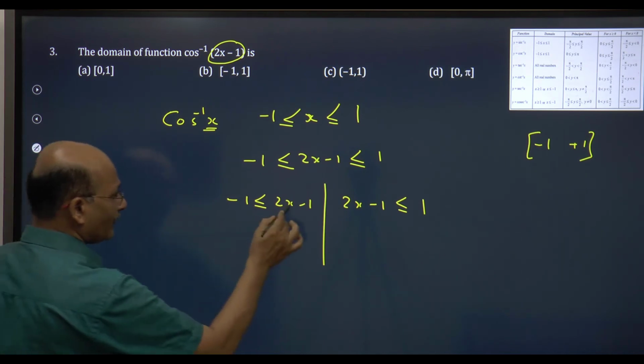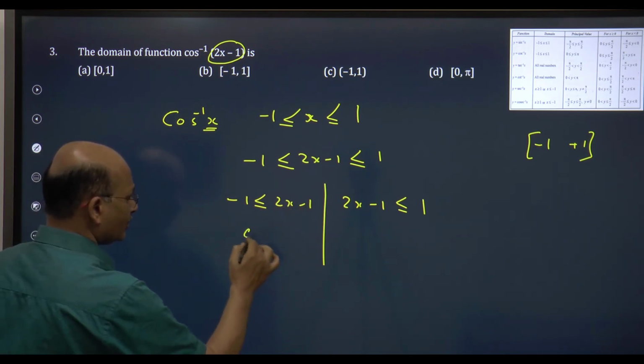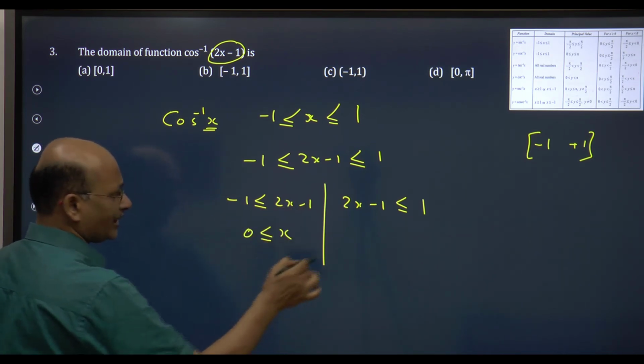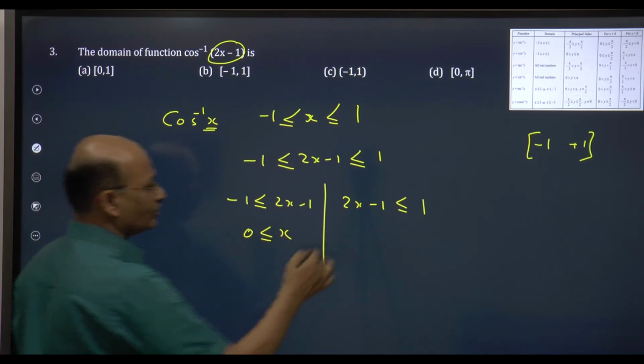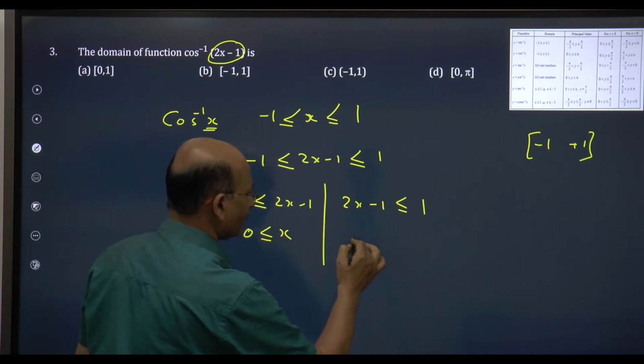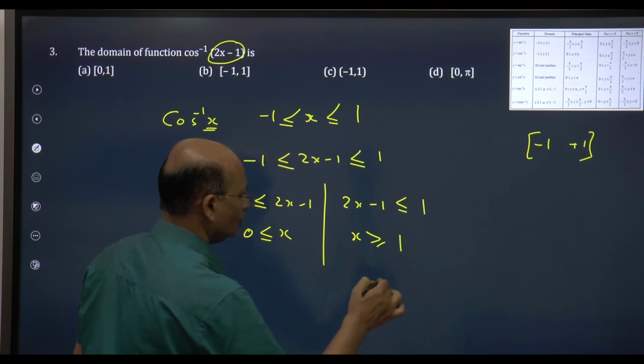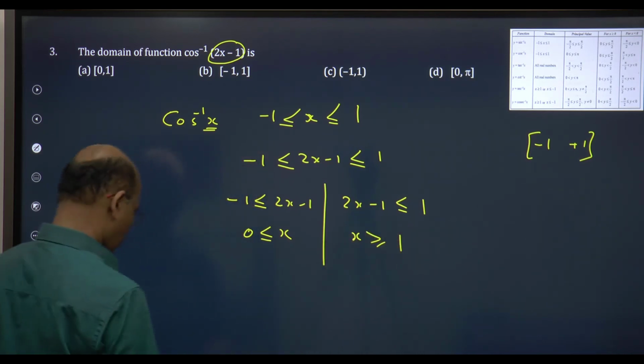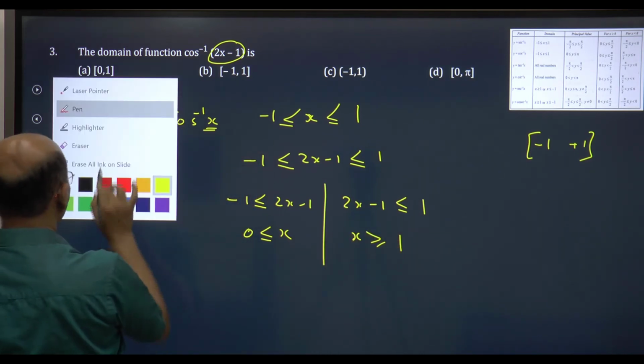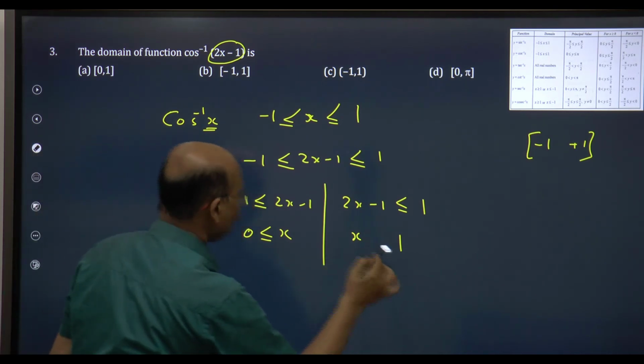Solving in two parts, the minus 1 and the 1 cancel, so 0 is less than or equal to x, or x is greater than or equal to 0. In the other case, x is less than or equal to 1.